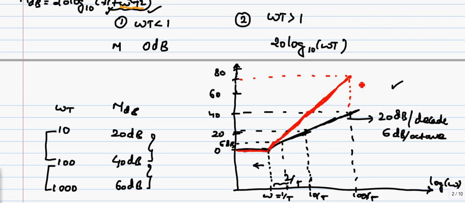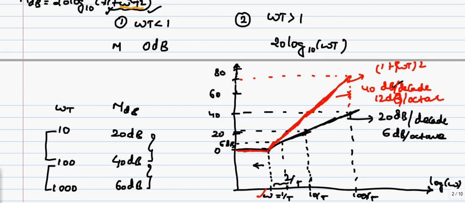This is the plot for the function (1 plus j omega t) whole squared. The corner frequency remains the same, where omega equals 1 by t, and the slope is 40 dB per decade, or we can write this as 12 dB per octave.